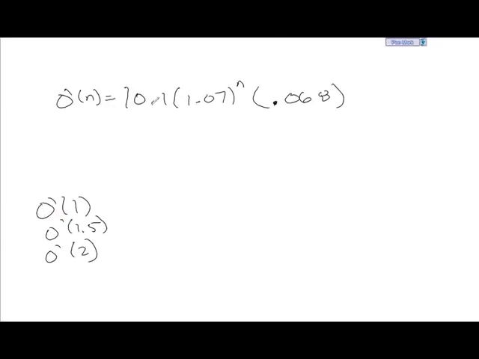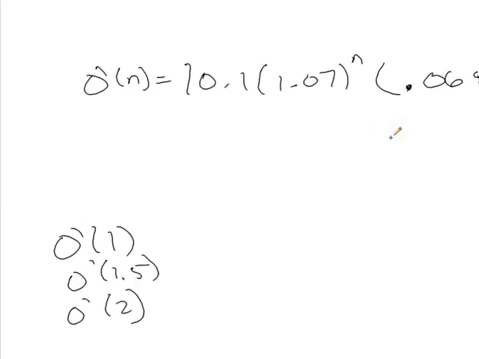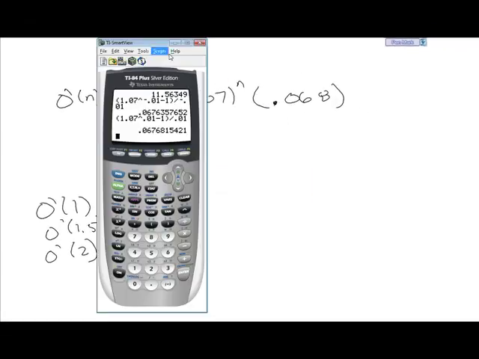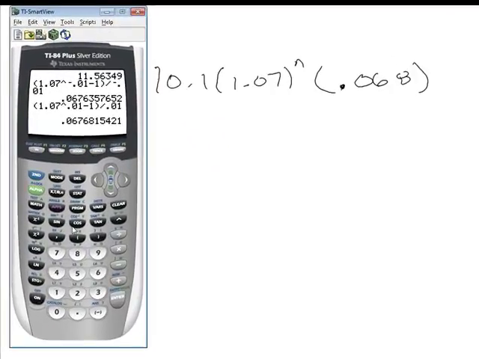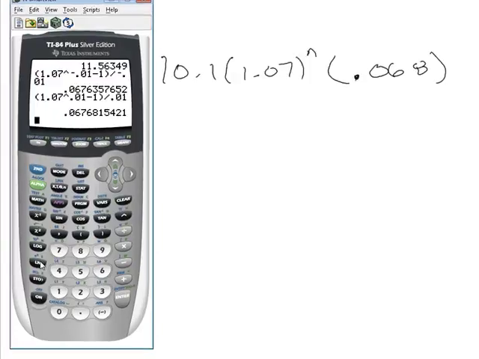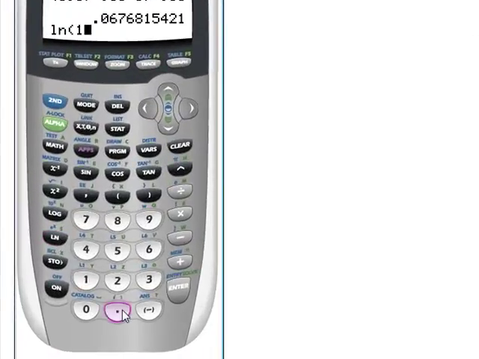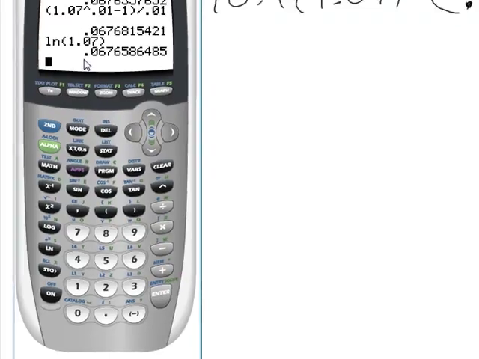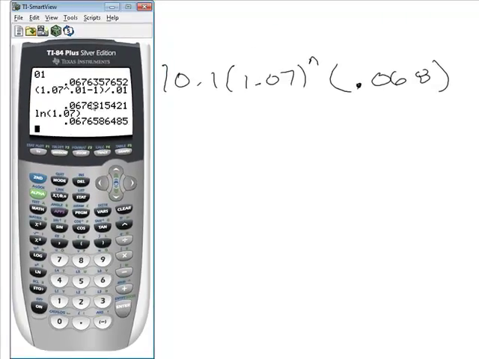Now before, I'll have you notice one interesting thing here. Notice that the base is 1.07. Look what happens when I take, not that you would just do this, but look what happens when I take the natural log of 1.07. I get approximately 0.068.